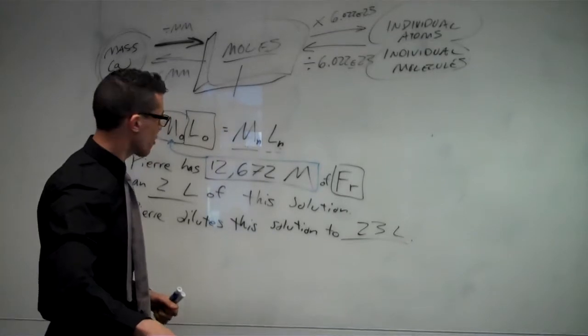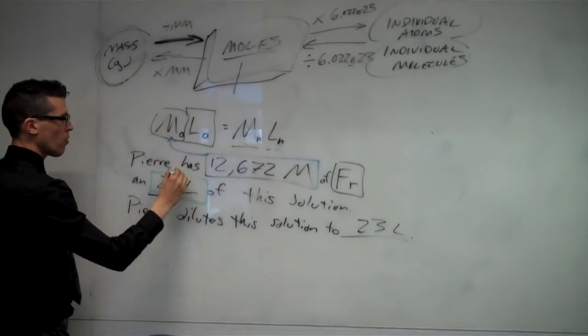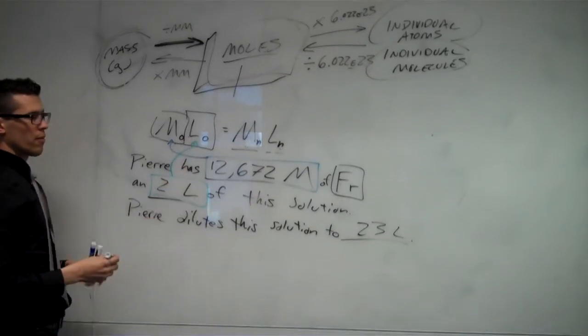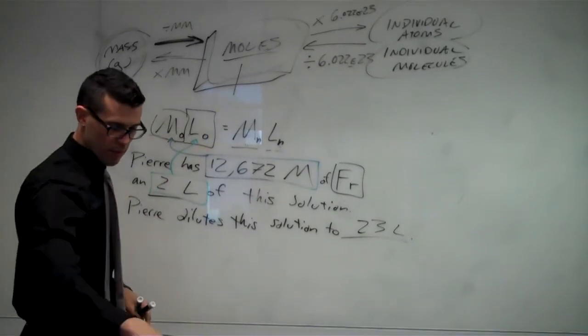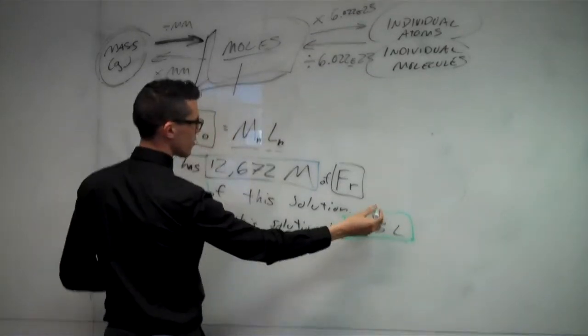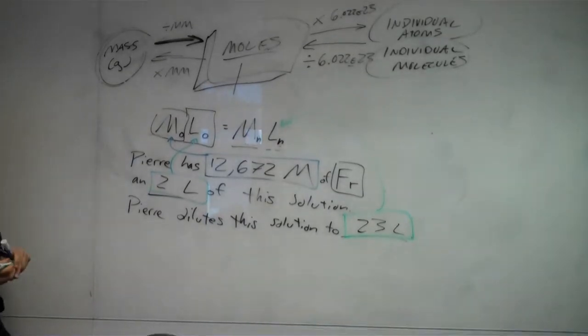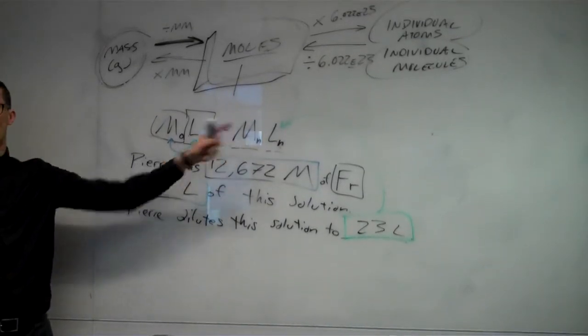Now we've got this other liters right here, this is going to be the Lo. Does color help? Now we've got this green over here as liters. That's the new liters. So we just don't know what the Mn is.